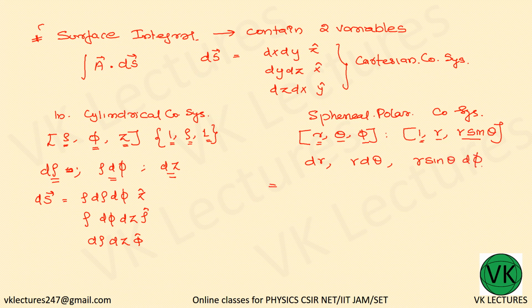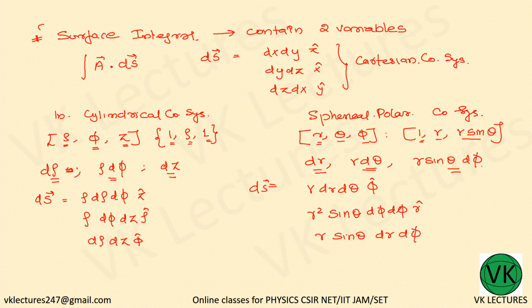Now the area vector ds is: dr times r d theta, so r dr d theta in the direction of phi; then r d theta times r sin theta d phi, so r square sin theta d theta d phi in the direction of r cap; and then dr times r sin theta d phi, so r sin theta dr d phi in the direction of theta cap.